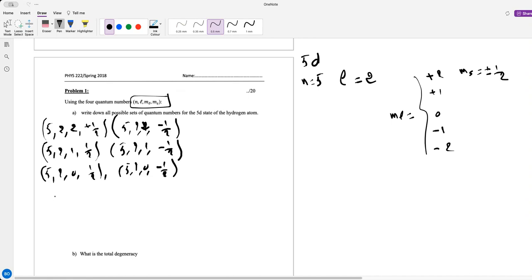Are you following? Then 5, 2, minus 1, plus 1/2 and minus 1/2, and then 5, 2, minus 2, plus 1/2 and minus 1/2.